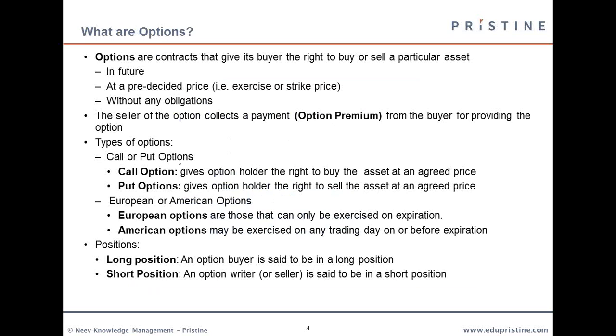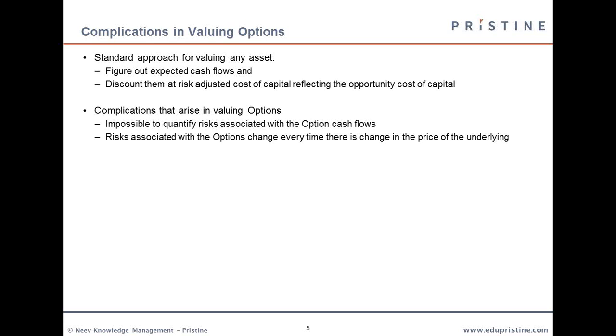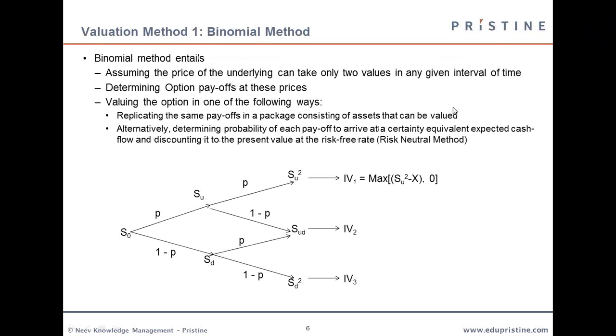And while we go through the methods, we are also going to have examples which will replicate the questions that you are going to face in the FRM level 1 exam. And CFA aspirants also have some part of options in their syllabus, and they can expect some questions from this topic as well.